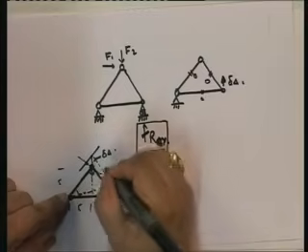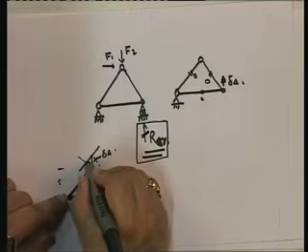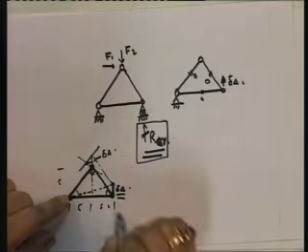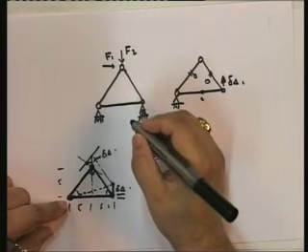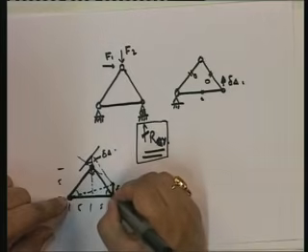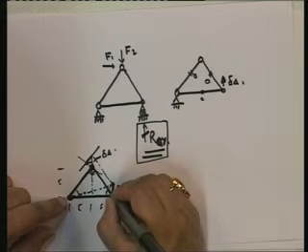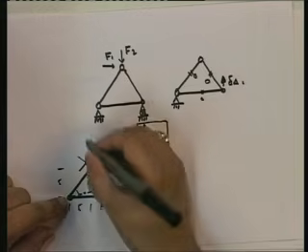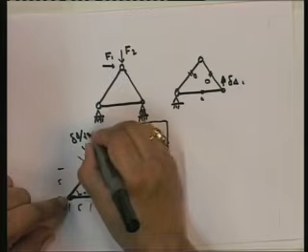How much has it moved horizontally? Let's see how much it has moved horizontally. Now you have to understand how much this motion is. Think about it. When you're going this way, how much is this motion? If you look at this, this is also 45, 45, so this is going to be delta by root 2.